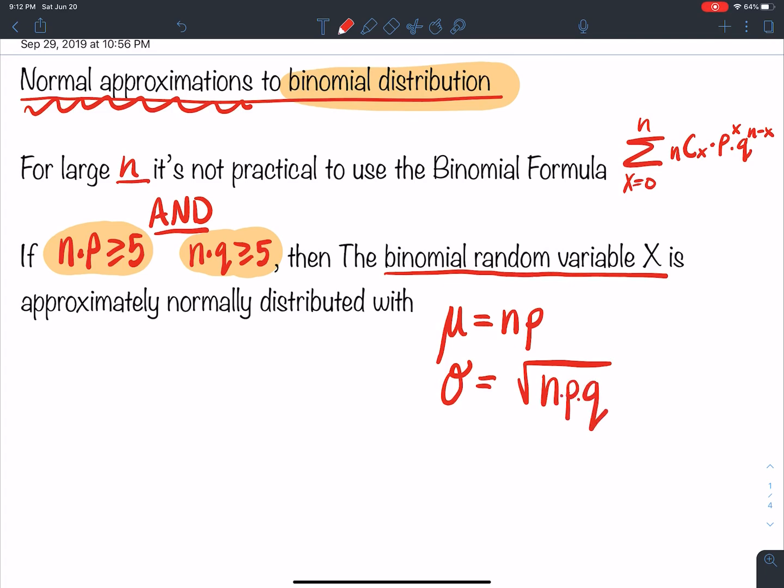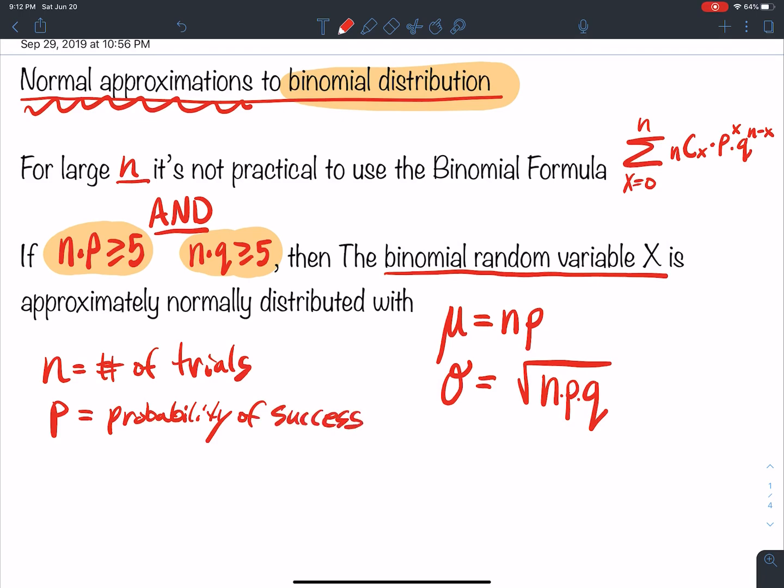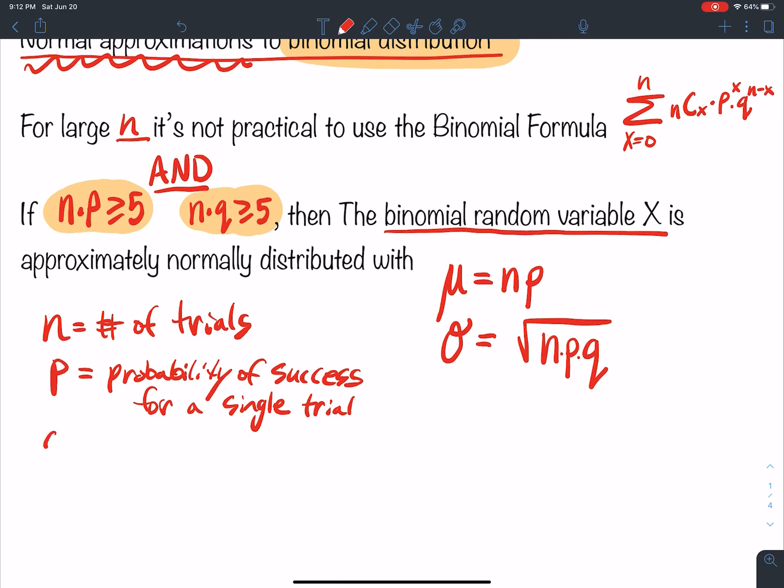Now, n is the number of trials. So maybe we flip a coin 7 times, right? N equals 7. P is the probability of success for a single trial. The probability of success is the same for each trial.